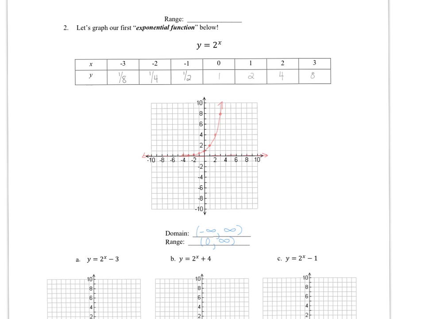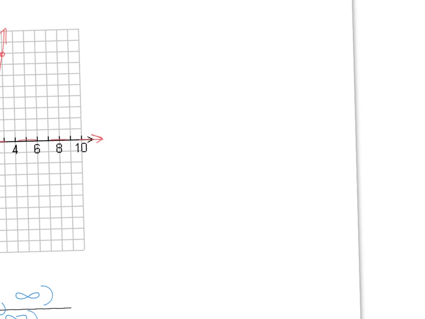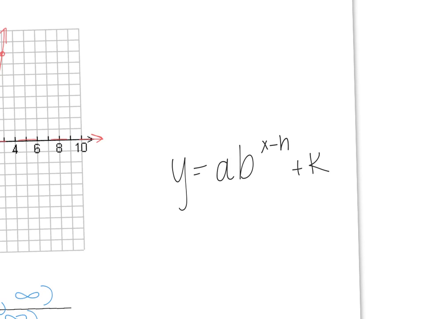And so when I talk about h and k, there is a generic formula for any kind of exponential where you have y equals a times b to the power of x minus h plus k. And this is where your k is always going to be your horizontal asymptote.